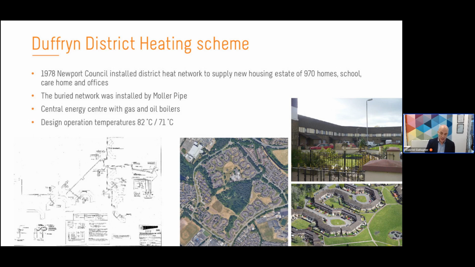The energy centre was primarily fired by gas, but had oil boilers in there as well in reserve. There's about 3.5 kilometres of steel network installed by Moller Pipe back then, and most dwellings received heat at around 82/71 conditions for heat and hot water, with vented hot water cylinders and radiators.